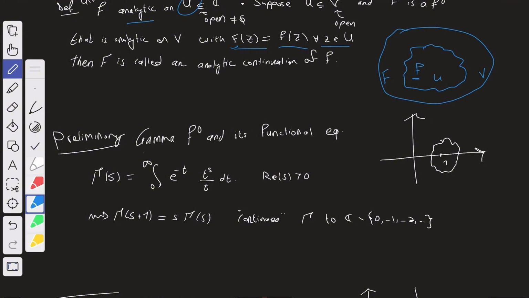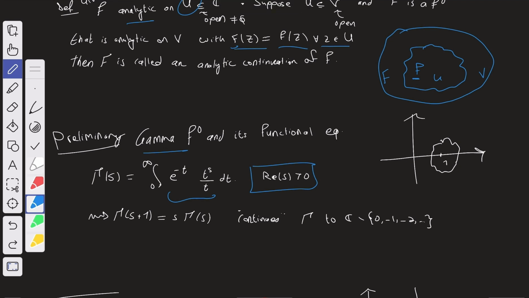The gamma function, I remind you, is defined as an integral of the integrand e^(-t) t^s dt/t, and this is defined for the real part of s strictly bigger than 0. So it is defined everywhere in the right half complex plane, and we wish to continue this.